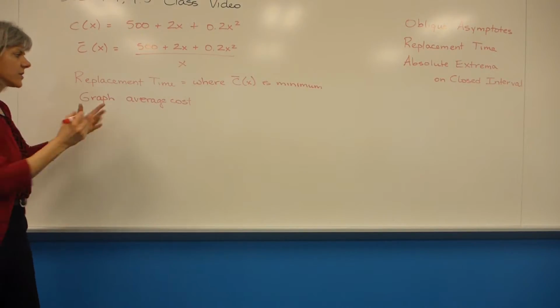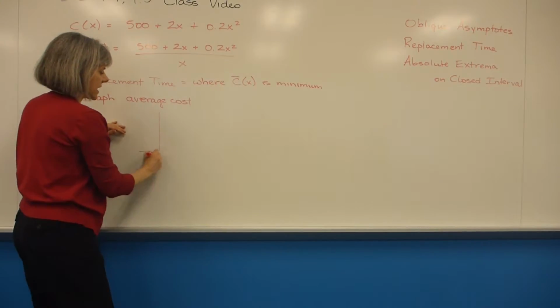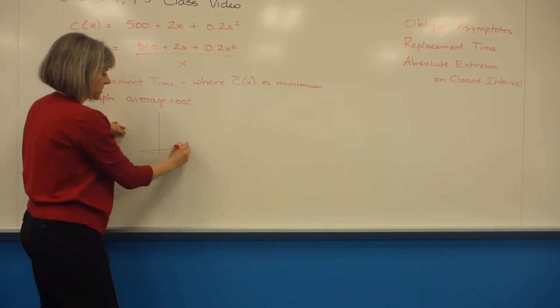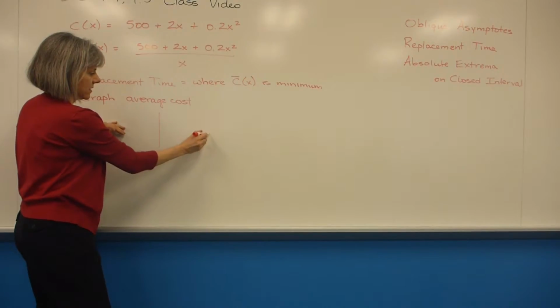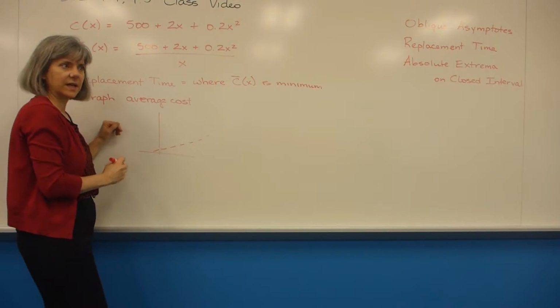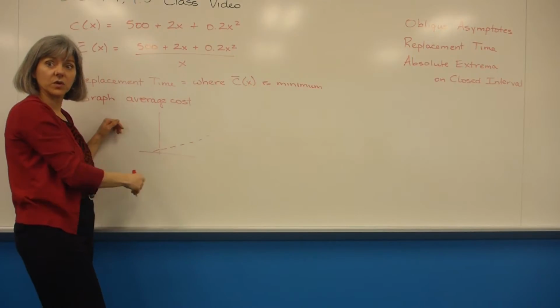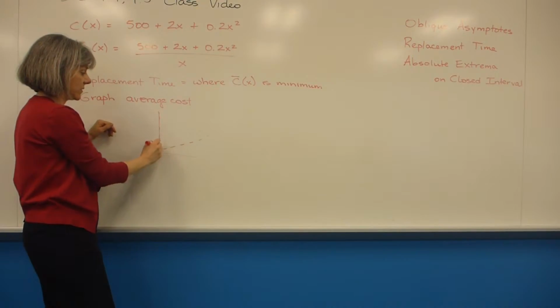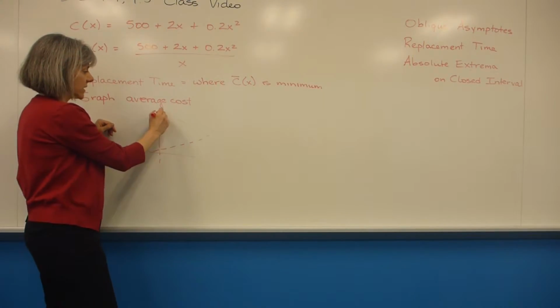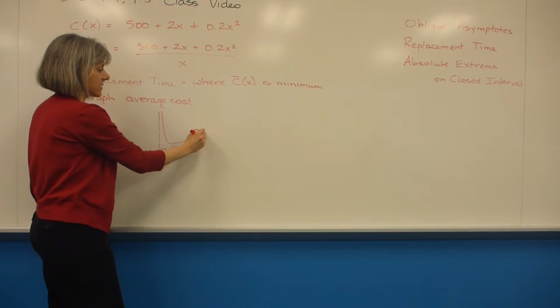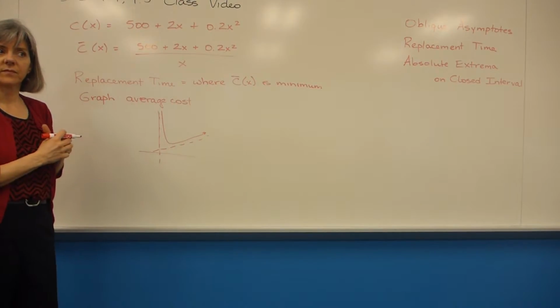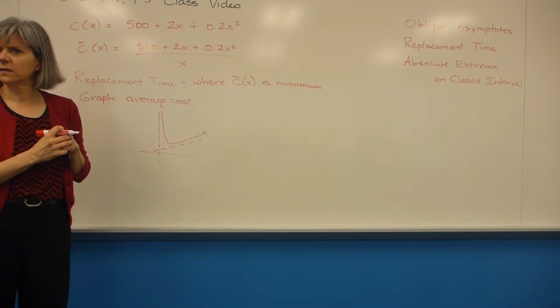We already did that work. So let's actually look at that. We know that it's got an oblique asymptote that looks something like that. And we knew it had a vertical asymptote. We already knew that too. So really, this function is going to look something like this. All right?